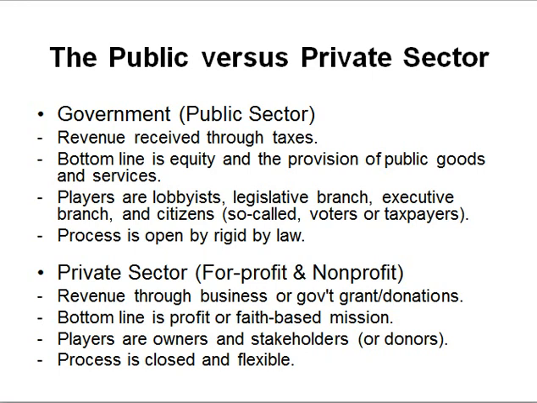In the public sector, which is government organization, revenues are based on taxes. The bottom line is equity and the provision of public goods and services to citizens. The players are lobbyists, the legislative branch, the executive branch, and also citizens, who are also called voters and taxpayers. And the process is very open and controlled by law.